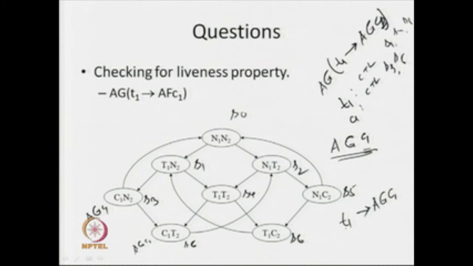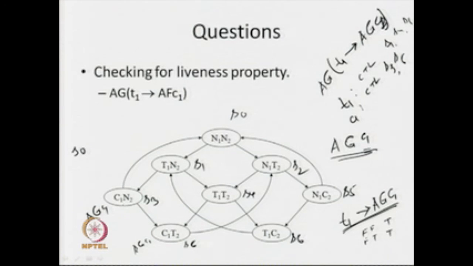If T1 is false, then obviously this formula is true, because in case of implication, false and false gives me true, and false and true also gives me true. So, if T1 is false, then this particular formula is true. So, T1 implies AG C1 will be true in S0, because T1 is false.